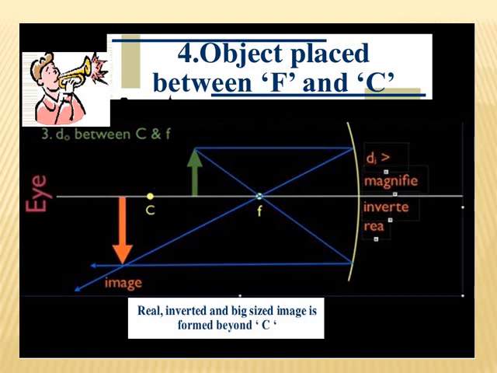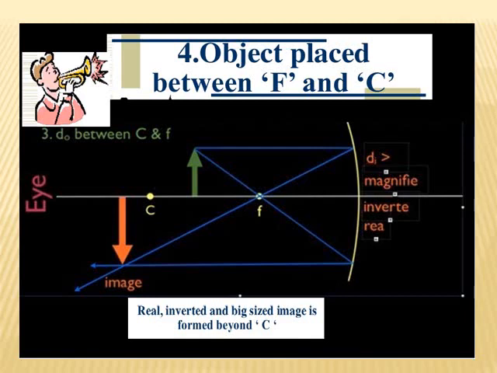One is parallel to the principal axis, and after reflection it passes through the point F. Second, connect the height of the object with F. So a ray which passes through principal focus is reflected parallel to the principal axis. So check where these two rays meet. They meet beyond C. So the image is formed beyond C and it is inverted and it is real because it is formed on the left side of the mirror.